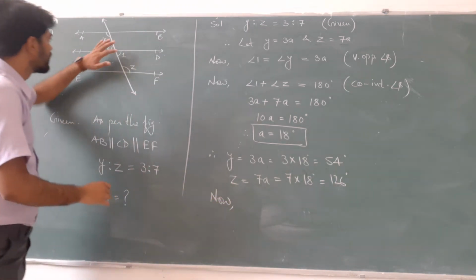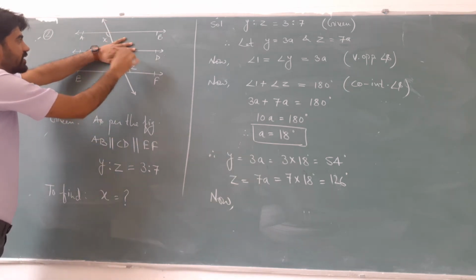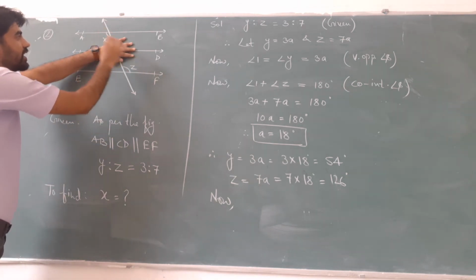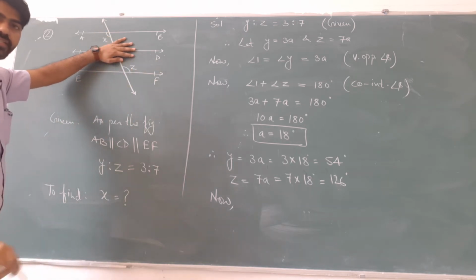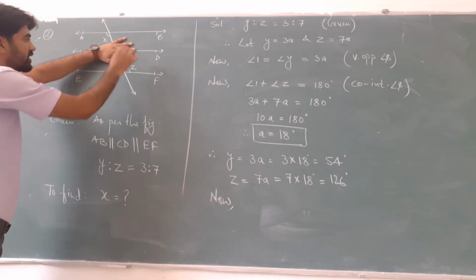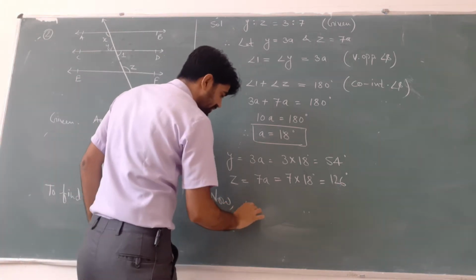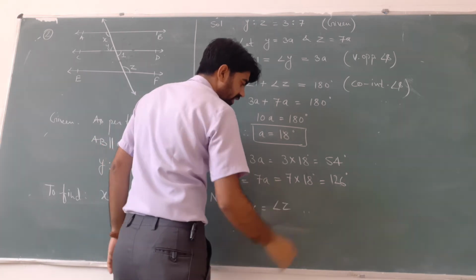Now see, forget this and look here. X and Z are alternate interior angles. So X is equal to Z. Now angle X is equal to angle Z. Why?